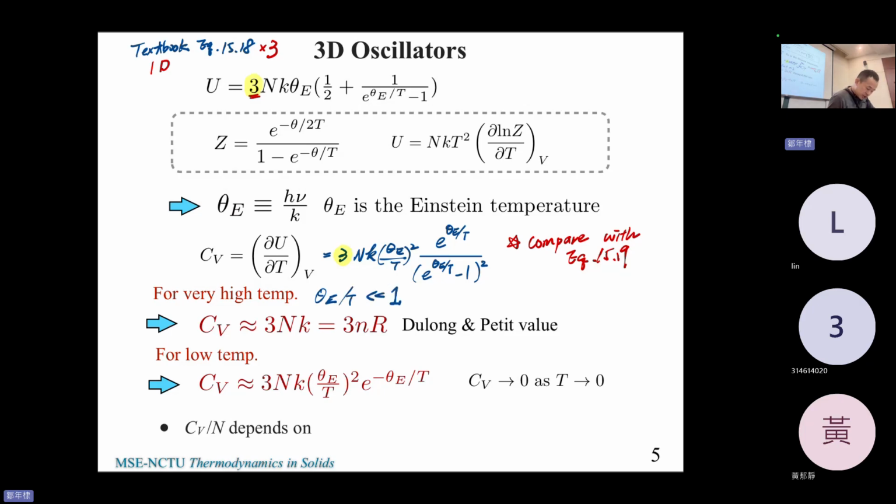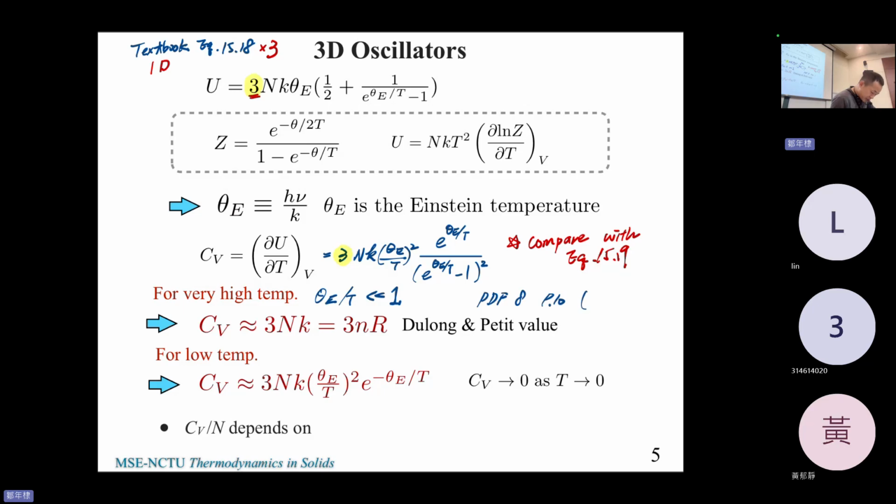Okay, so you can see we saw this before, in PDF 8, page 10.